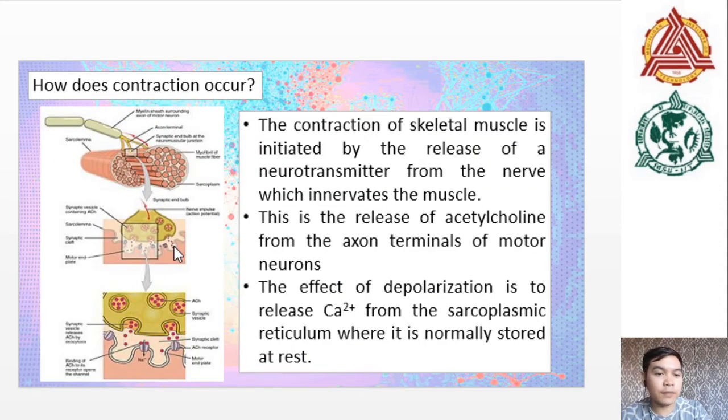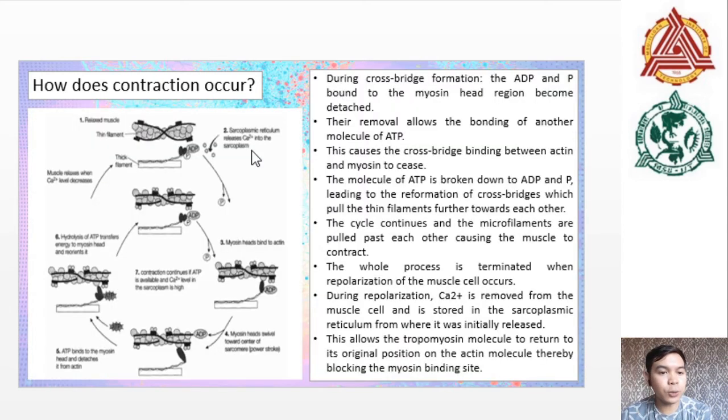The contraction of skeletal muscle is initiated by the release of a neurotransmitter. In the case of vertebrates, this is the release of acetylcholine from the axon terminals of motor neurons. The effect of depolarization is to release calcium from the sarcoplasmic reticulum, where it is normally stored at rest. Calcium released into the sarcoplasm binds to troponin, inducing a conformational change.